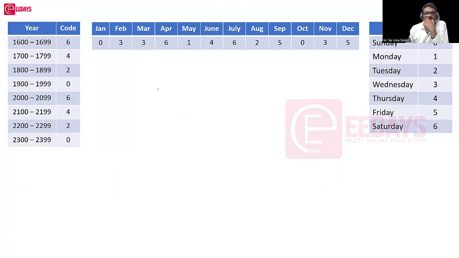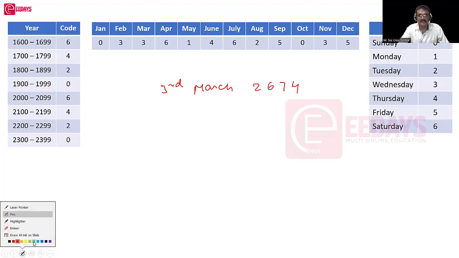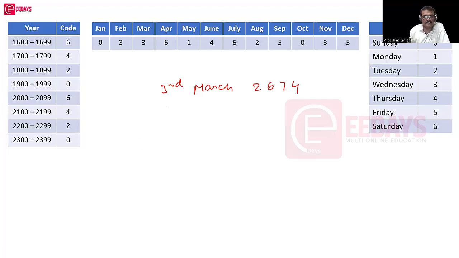Suppose 3rd March 2674. On which day does 3rd March 2674 fall? What is the first step? Century. What is the next step? Years. What is the next step? Month.